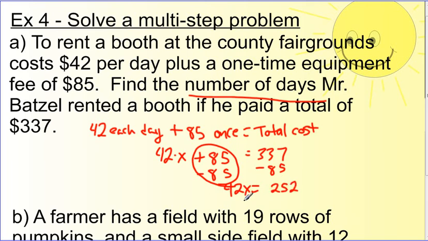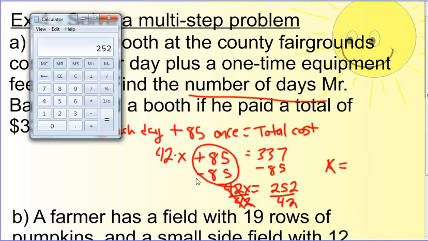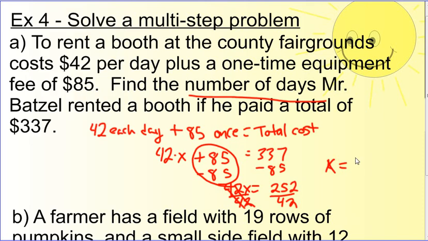Okay. Now, divide both sides by 42. These cancel. We get x equals 252 divided by 42. We got an answer of 6. So this guy rented for 6 days.